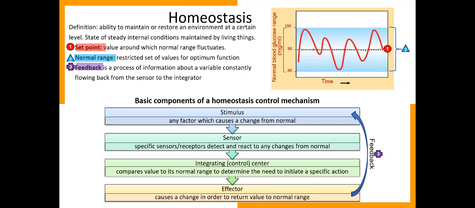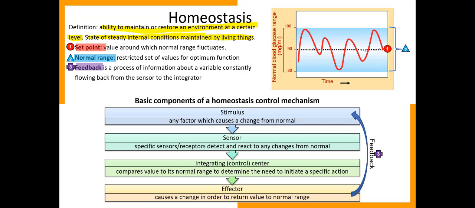The next concept I'm going to cover is the concept of homeostasis. You've got the definition of homeostasis right here, which is the ability to maintain or restore an environment at a certain level. Homeostasis is also defined as a state of steady internal conditions maintained by living things. If you look at the graph on the right hand side, you have blood glucose levels.